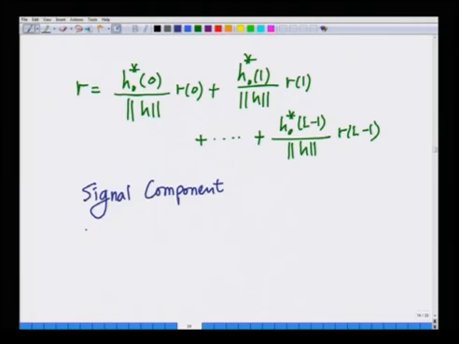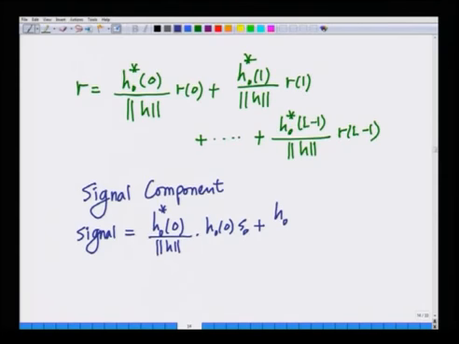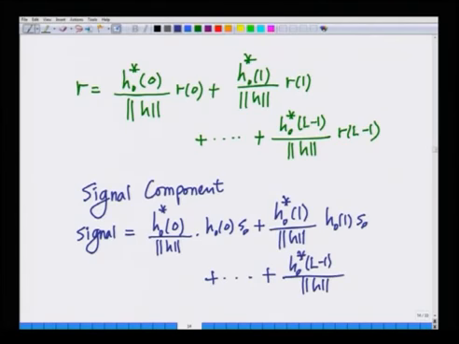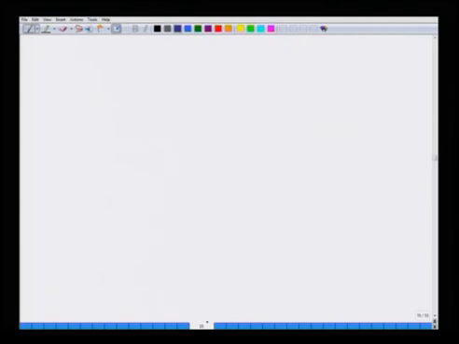The signal component is nothing but h 0 0 conjugate divided by norm h into h 0 0 s 0 plus h 0 1 conjugate divided by magnitude h into h 0 1 into s 0 plus so on, as we said, h 0 L minus 1 conjugate divided by magnitude of h into h 0 of L minus 1 into s 0.